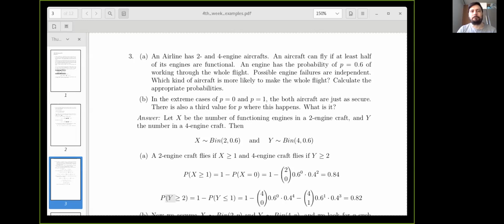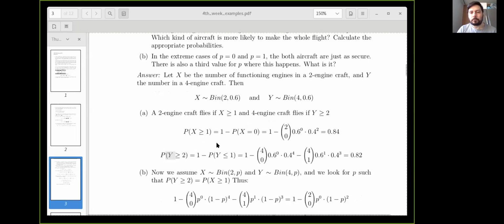So let's look at that. Assume then that they have the same P here, and X is binomially distributed with 2 and P and Y with 4 and P. And we look for a value of P such that the probability of Y greater than or equal to 2 is the same as the probability X greater than or equal to 1.